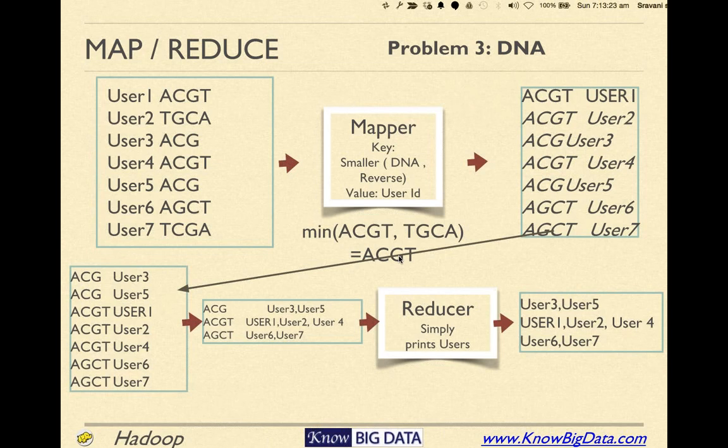If we try to do the similar thing as we did in case of anagram, in that case user 6 and user 7 will also become part of the same group, and user 6, user 7 and user 1, user 2 and user 4 all will become part of the same group, which is not something we desire, right?